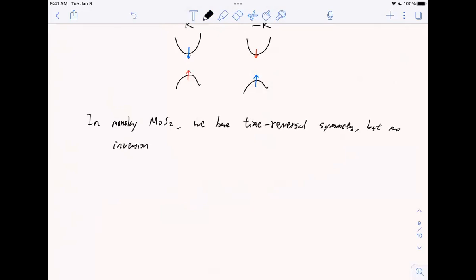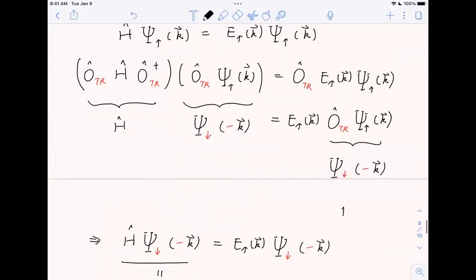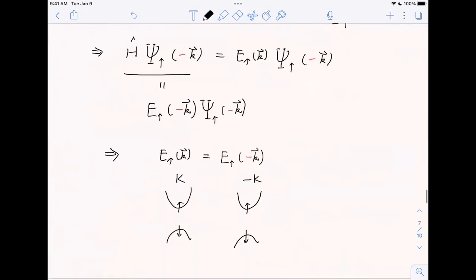If you want it more symmetric in name, you can call it spatial inversion. Time reversal, spatial inversion. No spatial inversion symmetry, so this one does not hold.